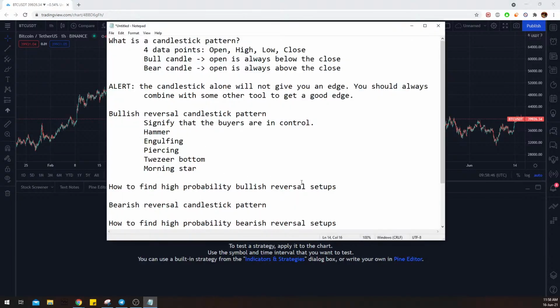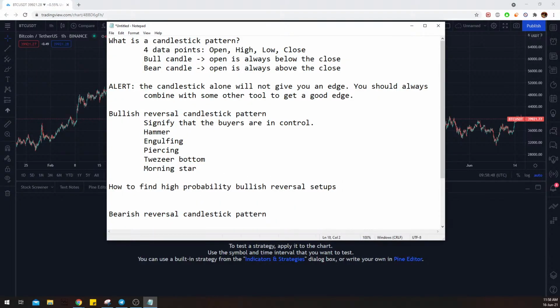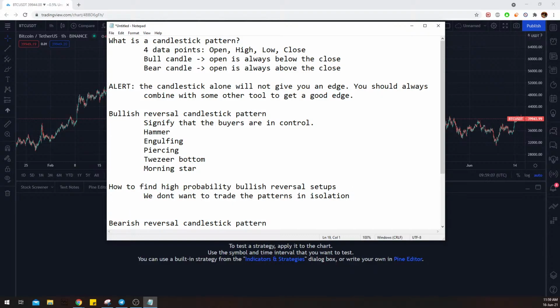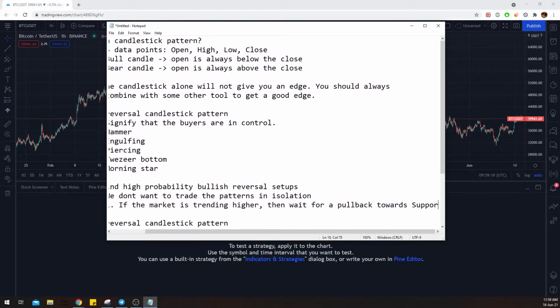And right now, since we learned about the candles, how do we find them? So we can go here now. How to find this high probability bullish candle reversal? In this case, like I said, we don't want to trade the patterns in isolation. Instead, we are going to have these rules. If the market is trending higher, then wait for a pullback towards support.